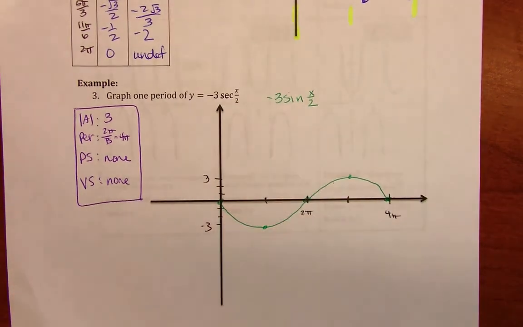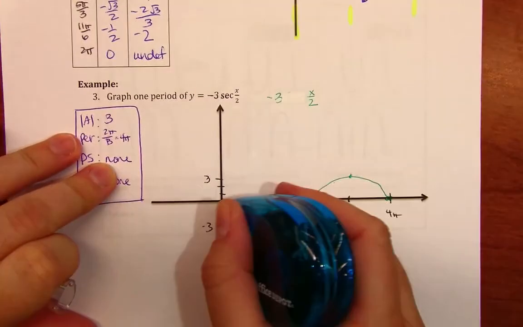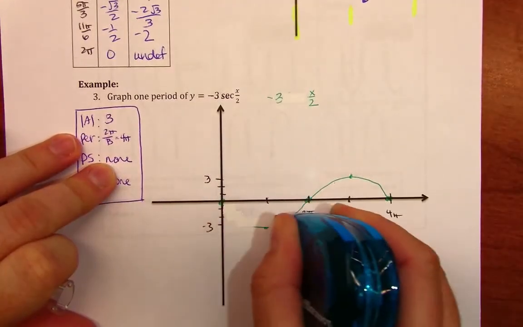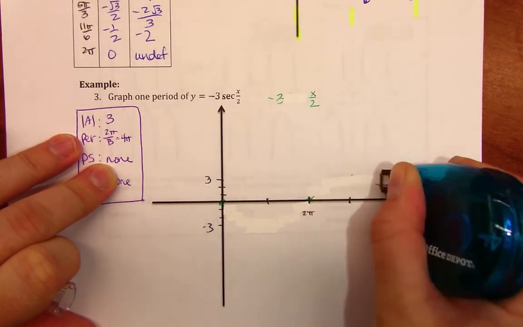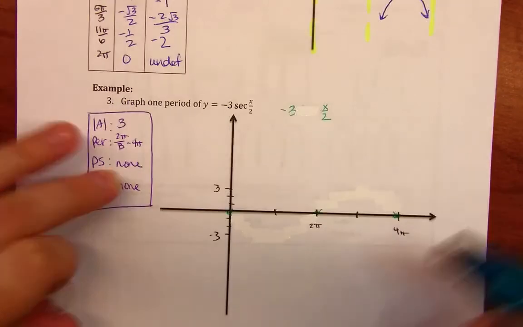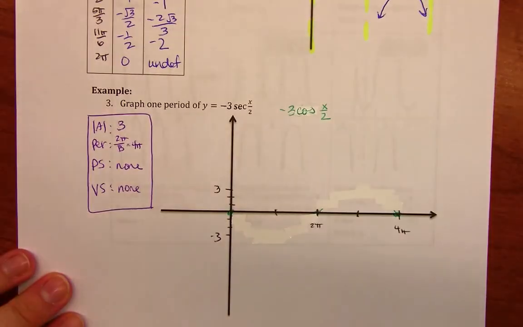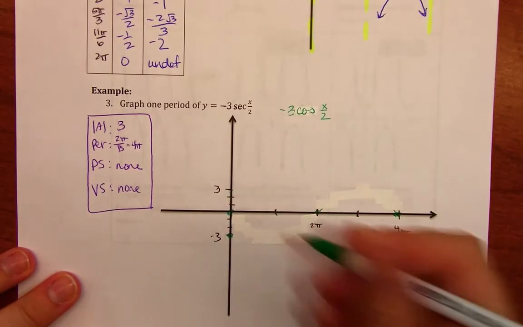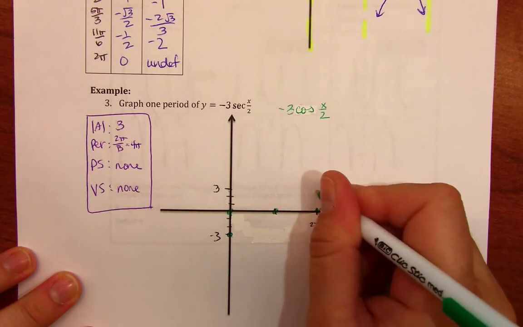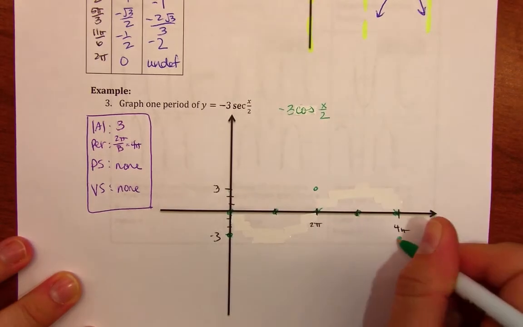This is not sine, this is cosine. We're actually doing cosine, so I'm starting down at my -3, then I'm at 0, then I'm up at +3.